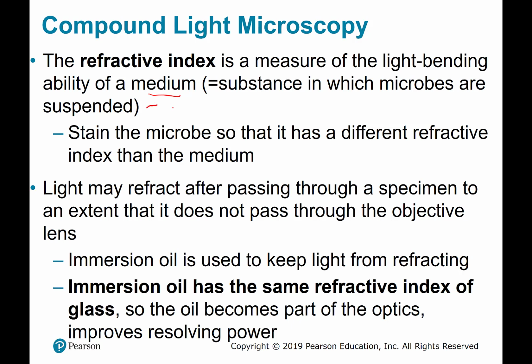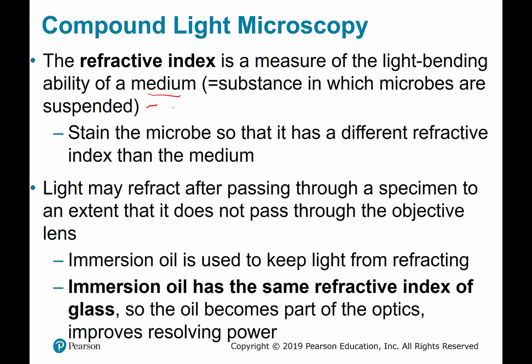And so refraction is the bending of light as it passes from one medium to another. So refractive index is an important term to understand. And in order for us to make that microbe have a different refractive index than what it is suspended in, we stain the microbe with dyes.